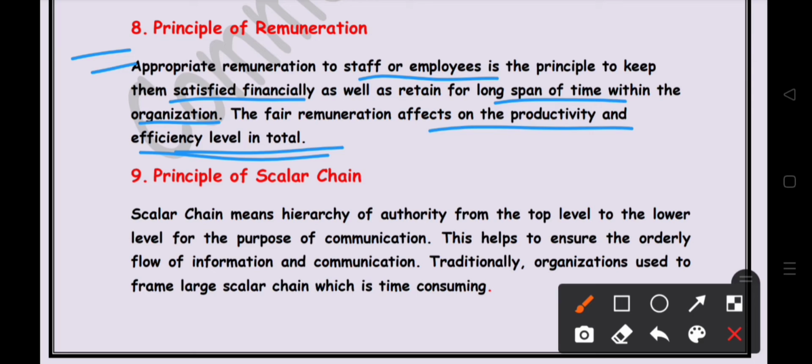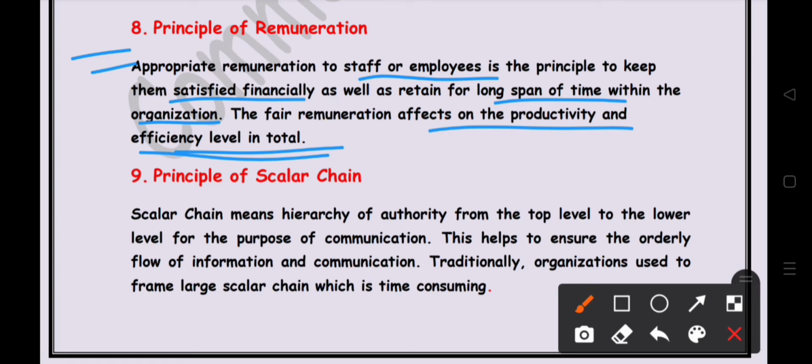That will give a boost and motivate the employees to work in a better manner, so that they give good results, and that will be beneficial for the organization to achieve its end result. So remuneration keeps the employees at a satisfactory level, which helps them to work efficiently and in a very interesting manner.